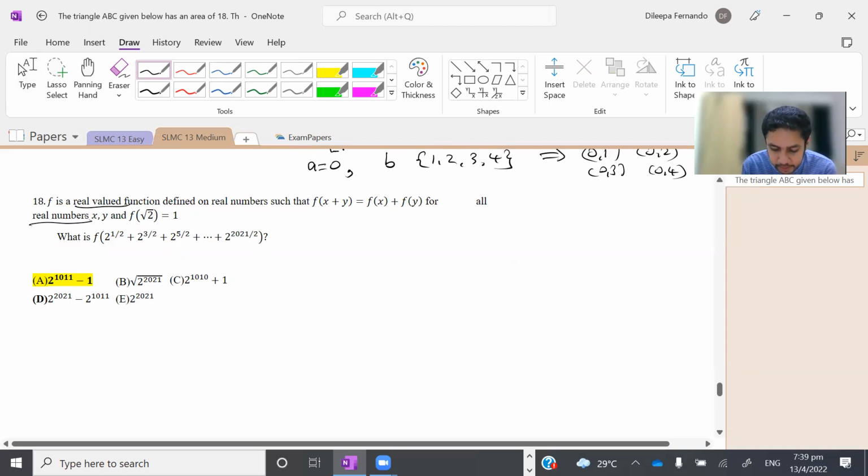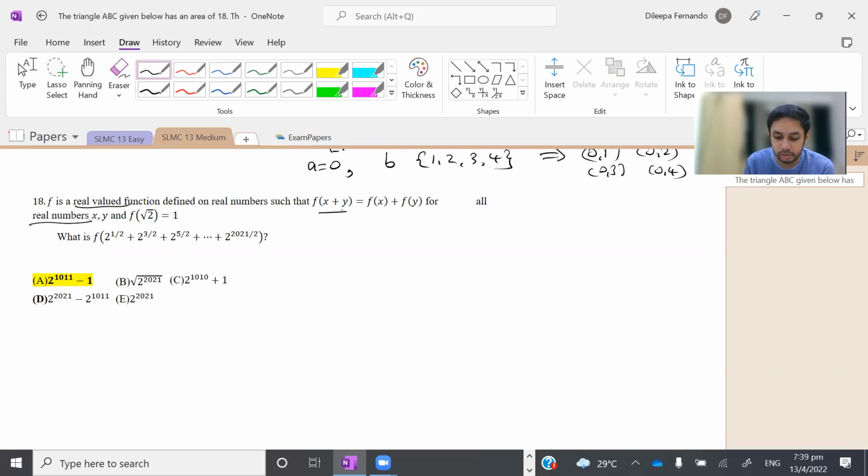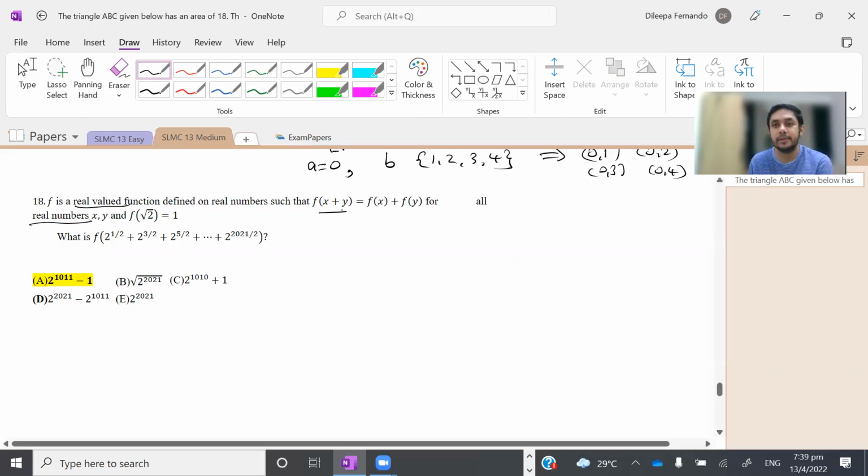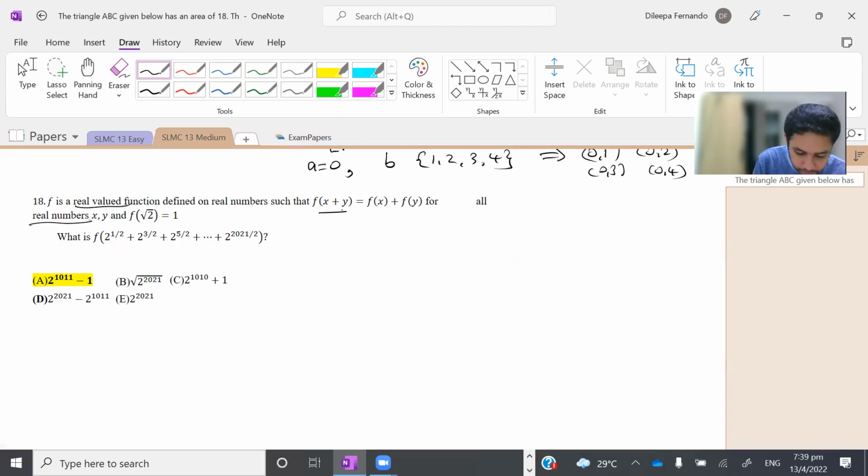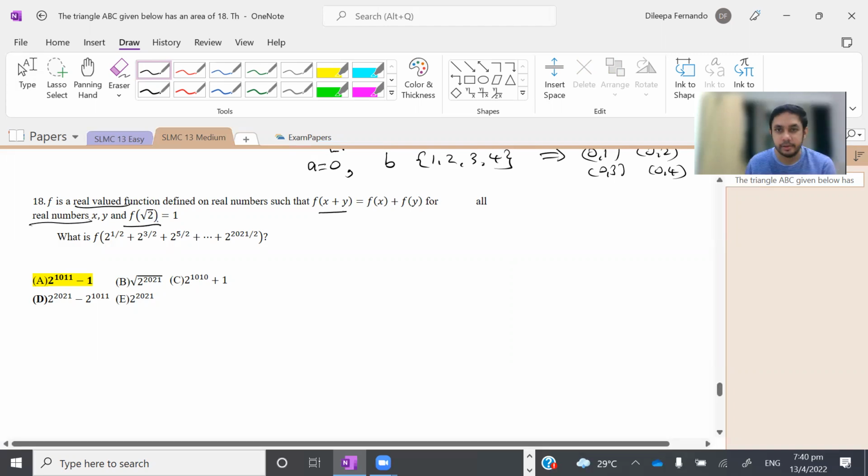And you can see that when there is a summation inside the function, you can reduce it to a summation of two functions. And we are also given that f of root 2 is 1.